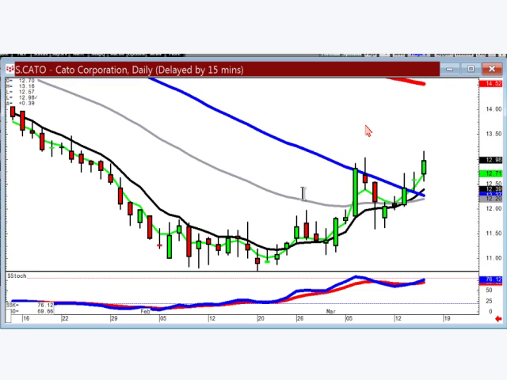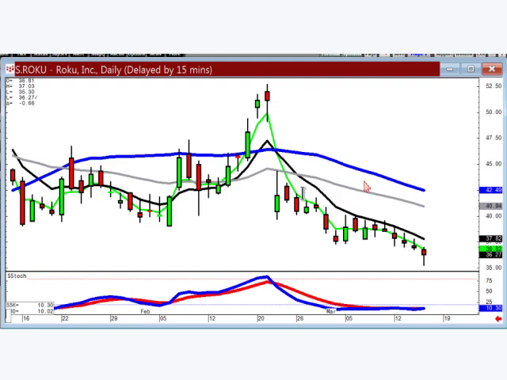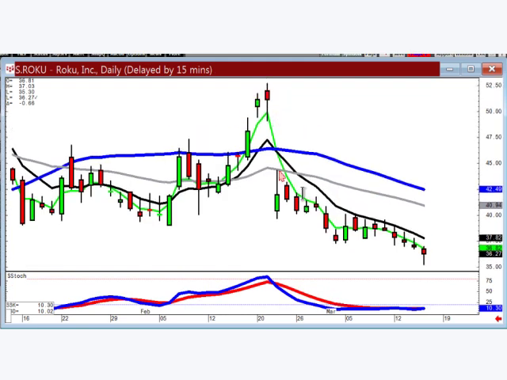Same thing on the sell side. Anytime you see that big gap down, that means there's been a drastic change of investor sentiment. So we've been short Roku for a while, because notice what it hasn't been able to do. It hasn't been able to close above the T-line.